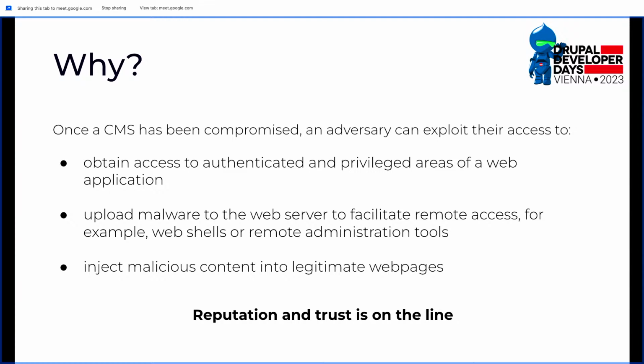If trust has been compromised, if something was published on your web application, especially at a government level, and it's exploited, if it's a malicious link or malicious content, then this website cannot be trusted, and it's a big scandal.